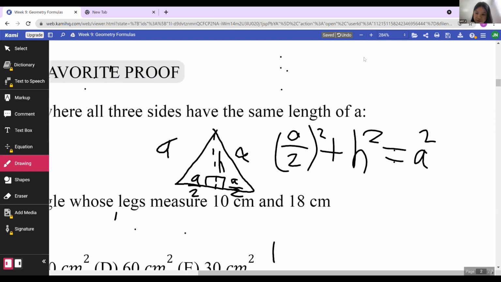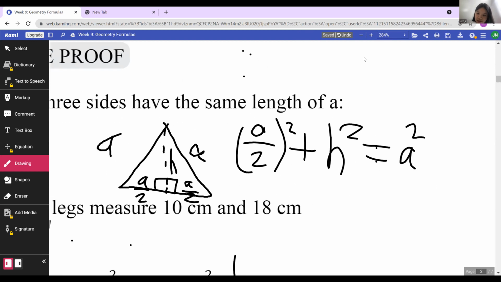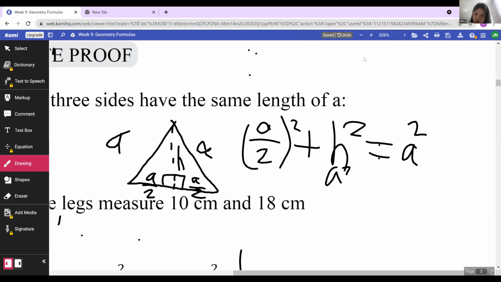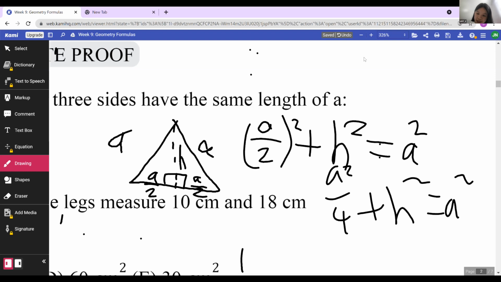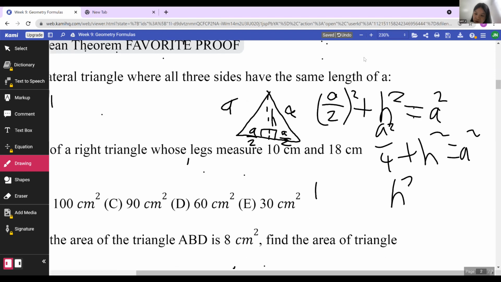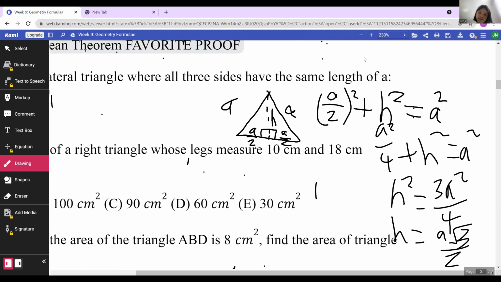Solving, it's A squared over 4 plus h squared is A squared. Then h squared is 3A squared over 4. So h is A root 3 over 2.